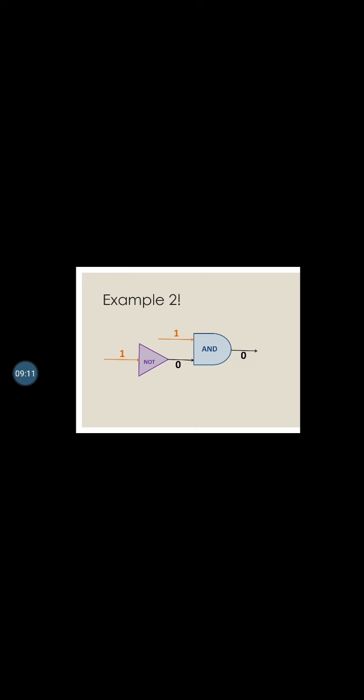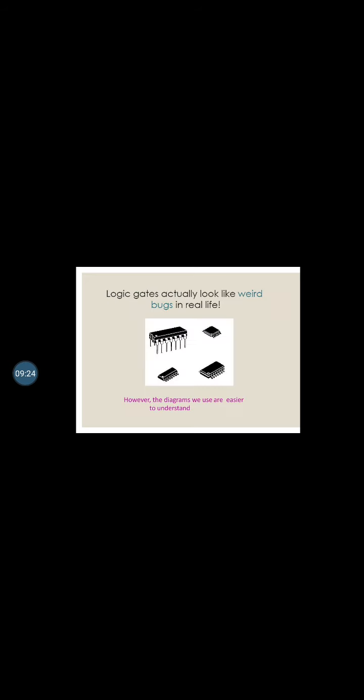Again, examples of NOT and AND gates: 1 given to the NOT gate gives 0 output, and 1 0 gives 0 output. Similarly for AND, OR and XOR. The reflection point for logic gates is that they are used in a computer system for binary addition, subtraction, multiplication and division operations.